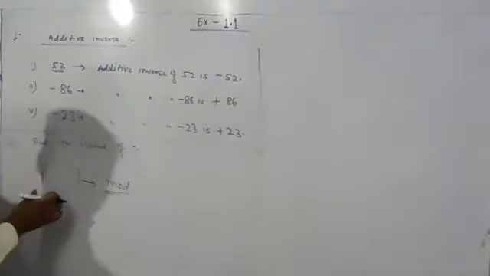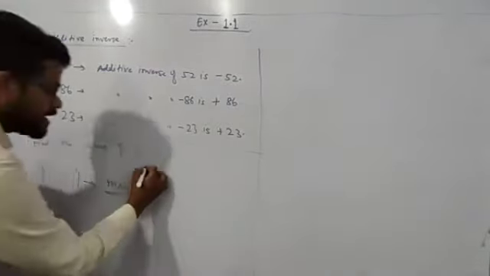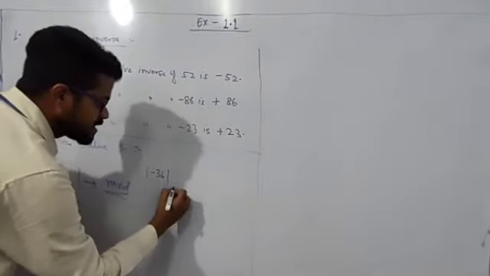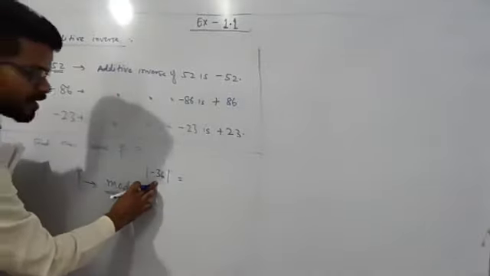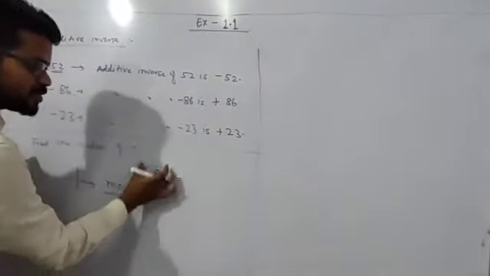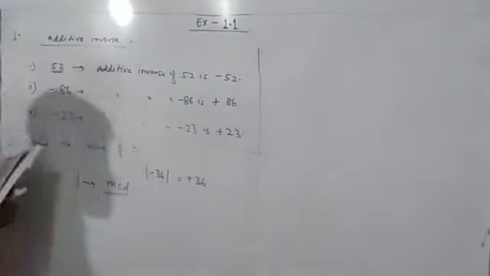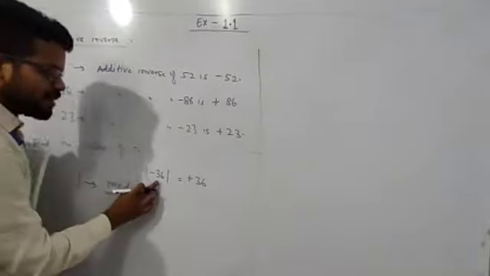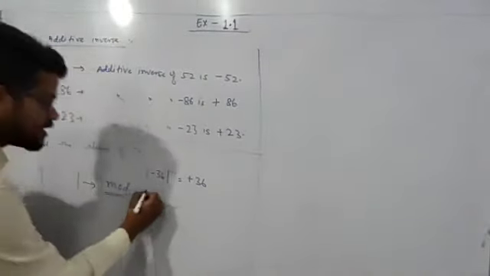That means in this bracket, whatever the value is, like minus 36, when this minus 36 comes out of these two bars, it becomes plus 36. So whatever the value inside, the result is always positive.